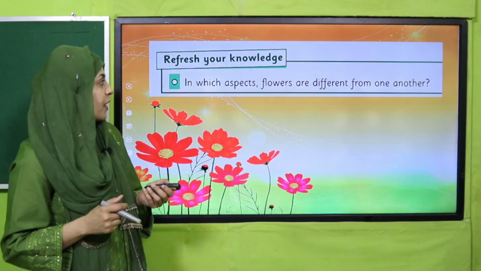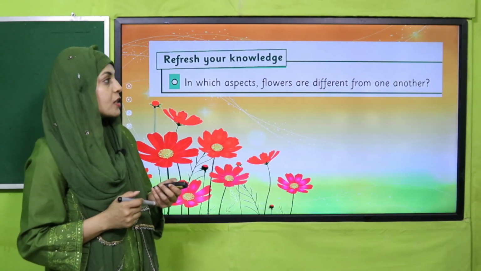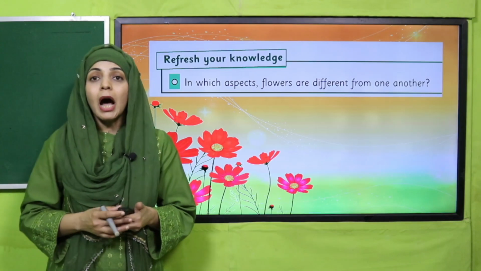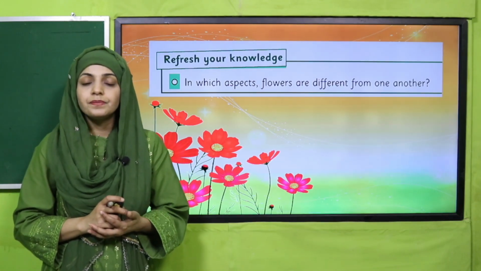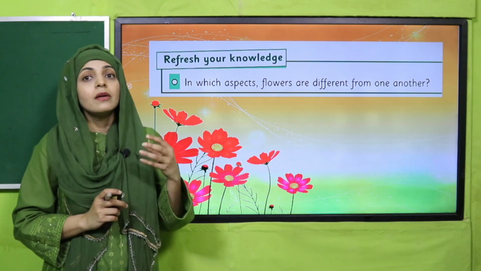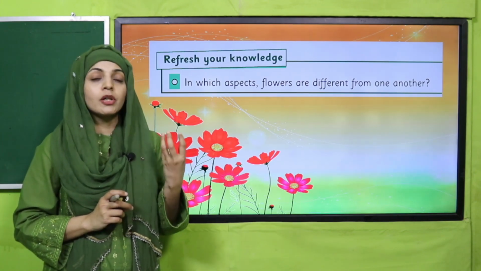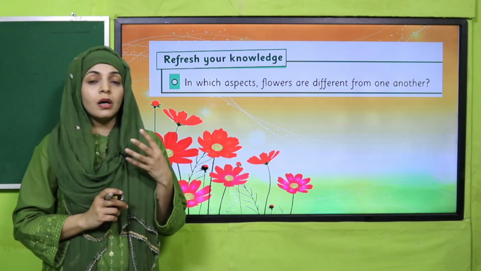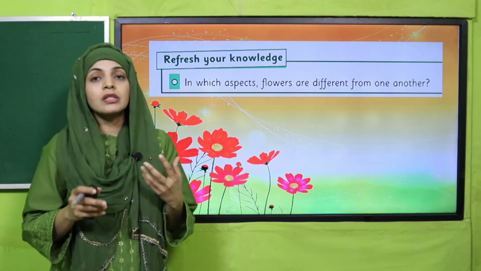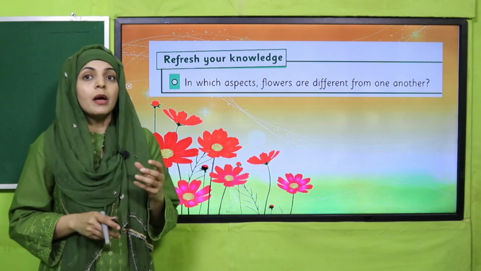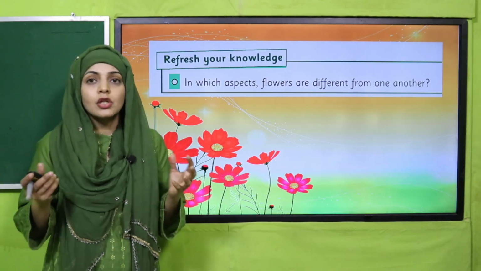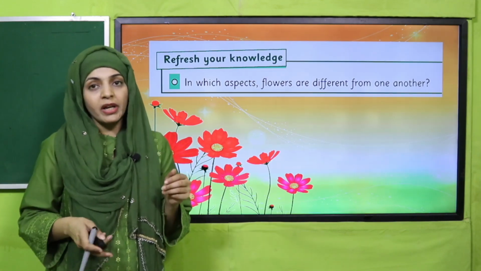So my dear students, the pre-reading question: in which aspect flowers are different from one another? Because of the color, because of the fragrance, the scents they have, they look different from one another. Because of their sizing, they look different. They grow in different seasons, so we can say that they are different from one another.